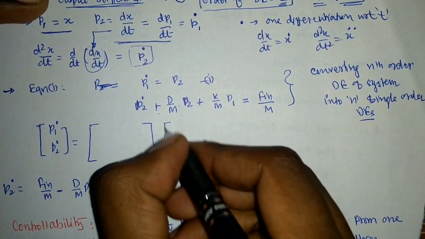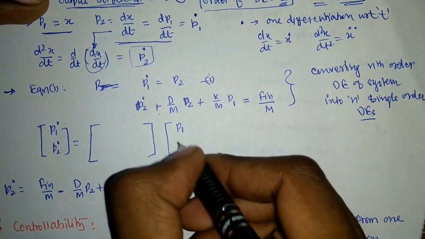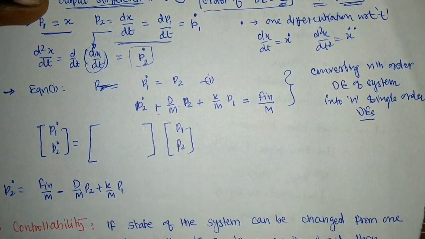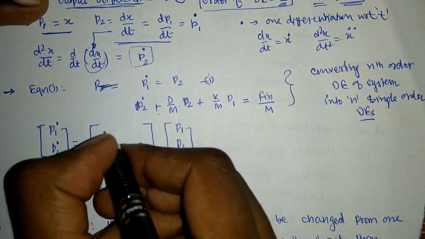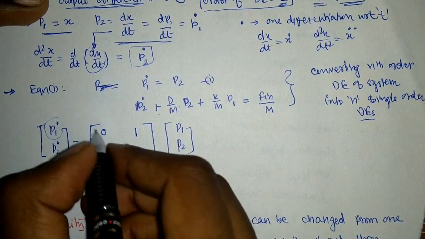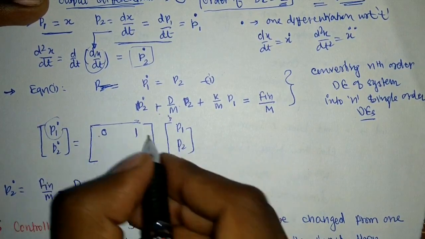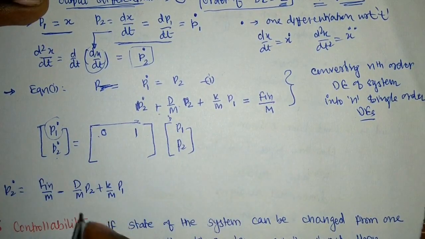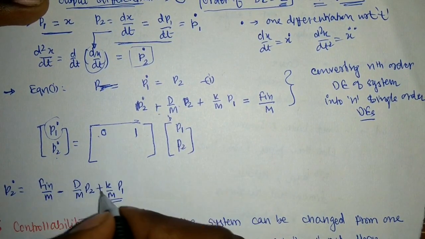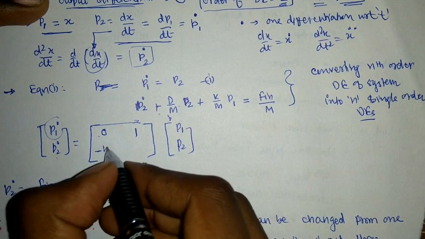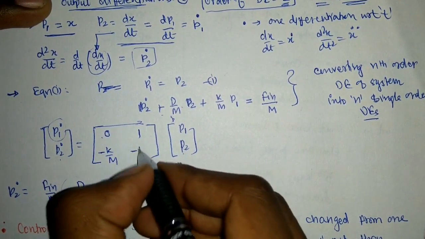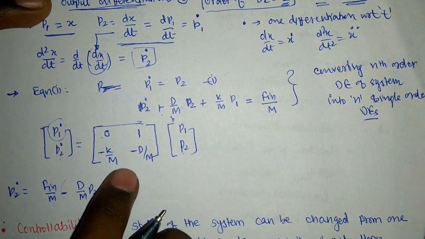There will be some matrix here and it will be written in terms of P1 and P2 only. In terms of P1 and P2, in this case we have no P1, there is only P2. So P1 dot is equal to this multiplied by this, so 0 times P1 plus 1 times P2, and P2 dot is equal to, in terms of P1 the multiple is minus K by M, and in terms of P2 the multiple is minus D by M. So we have got this equation here.